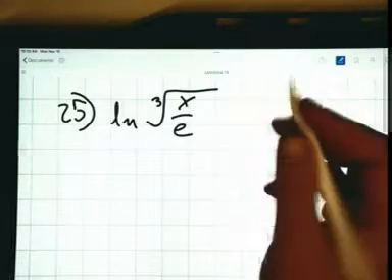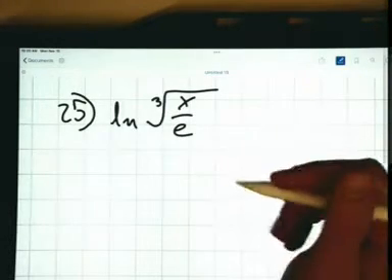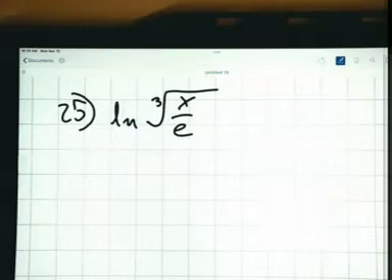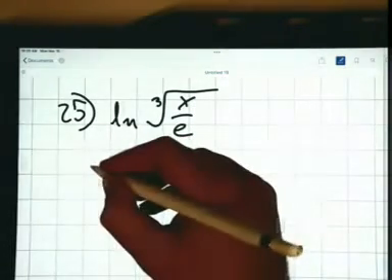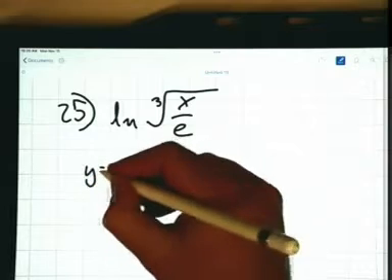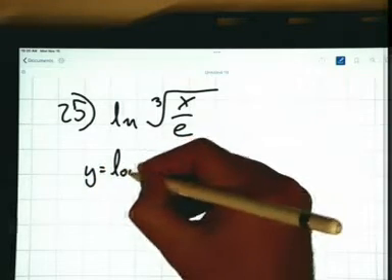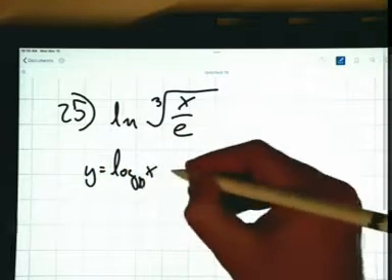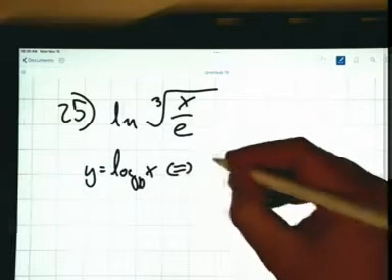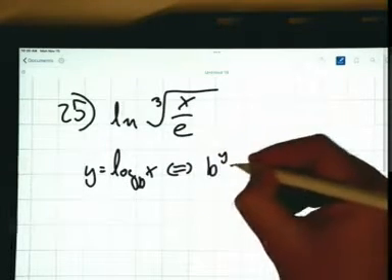So, of the many things that you got to memorize and know for this test, one of those is this. For y equal to the log base b of x, this is equivalent to b to the y is equal to x.